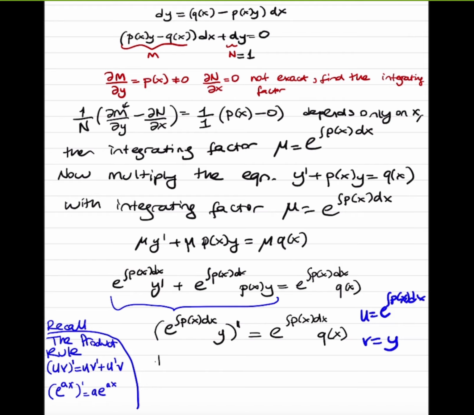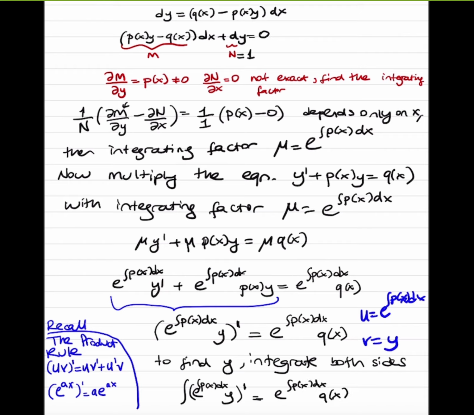We can solve for y from here just by integrating. So to find y, integrate both sides. So we will just integrate this derivative, e to the power integral of p of x dx times q of x, and this integral is just equal to the inside, right?